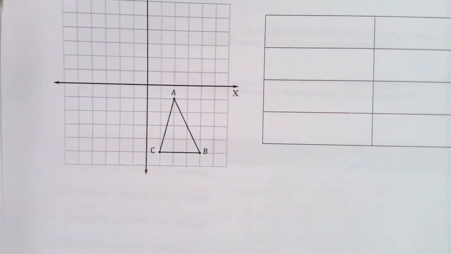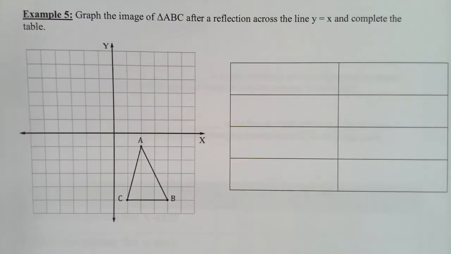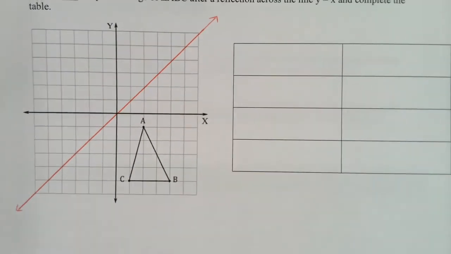Let's do one more. Again, the same preimage, graph the image of the triangle ABC after a reflection across the line y equals x. So just to show you again, this is the line y equals x. I'll graph that right now just so you can see it. That's the line y equals x. We're going to reflect it over that line.